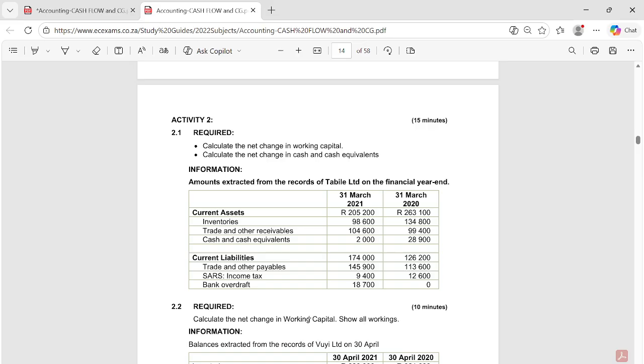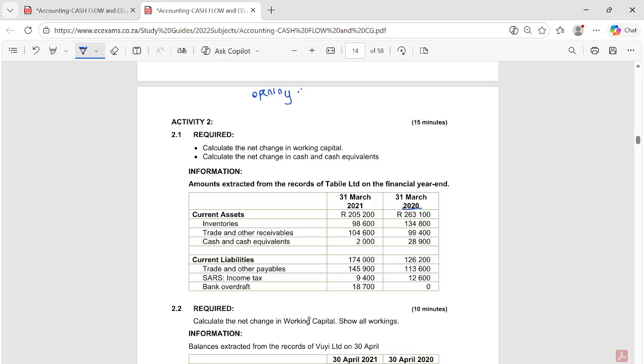So we have 2,000 and 28,900, and those are cash and cash equivalent so far. When is the beginning of the year? The beginning of the year is here, so my opening balance will be 28,900. Let me check, is there any bank overdraft during that year? No, there's no bank overdraft. So 28,900, which is cash inflow.